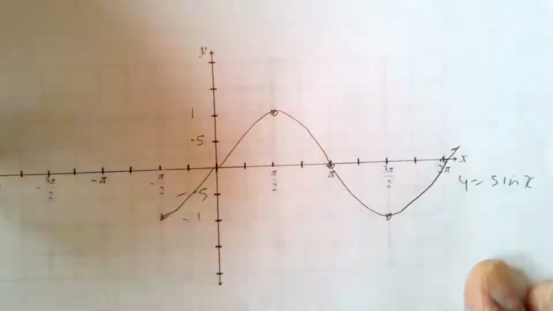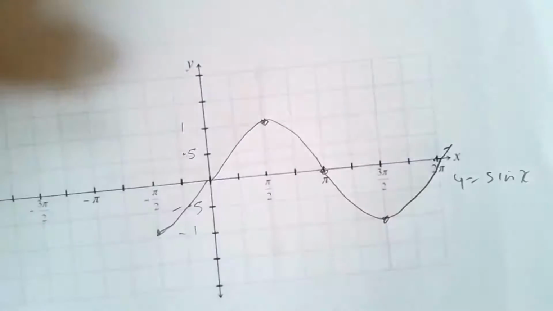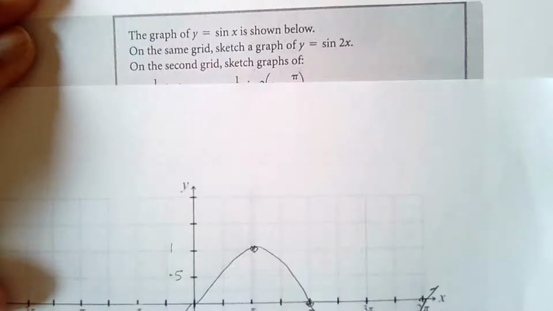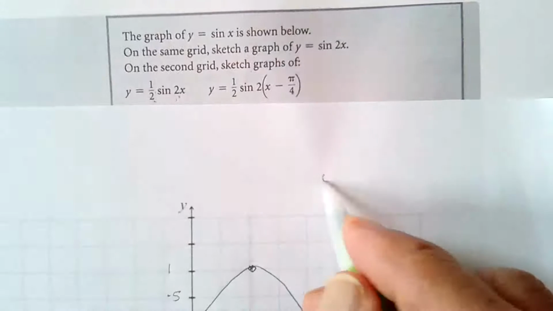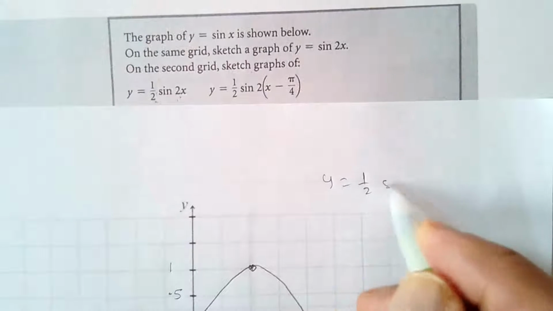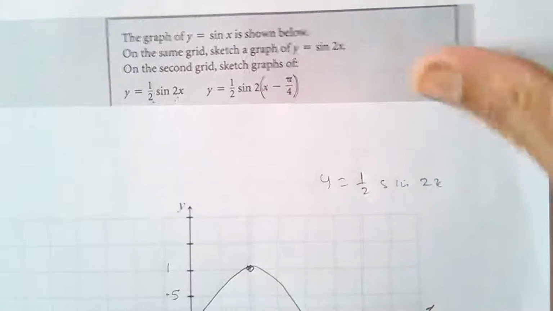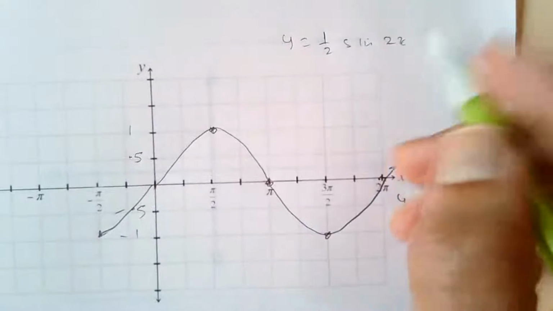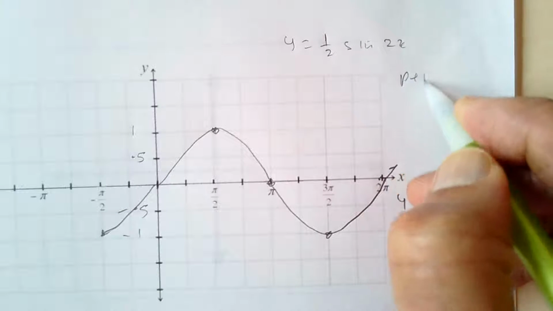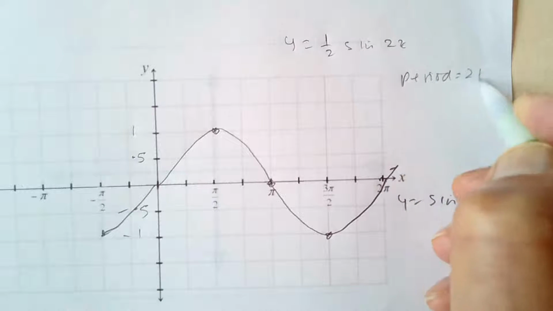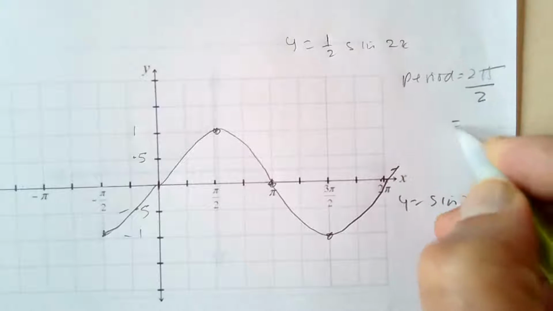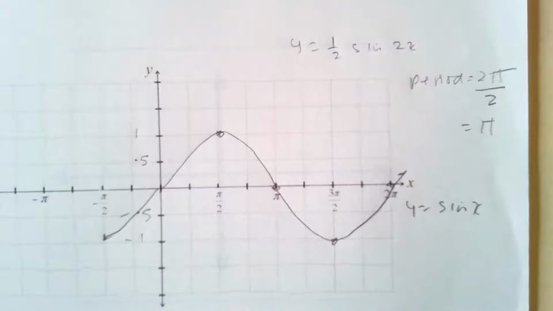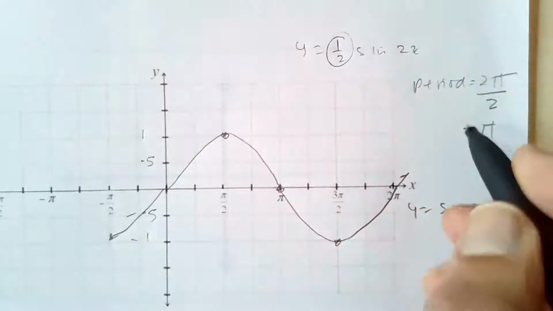But this question says we go back to our question. We have y is equal to half sine 2x. So we established that the period is equal to 2 pi over 2, which is equal to pi. And the amplitude is a half.